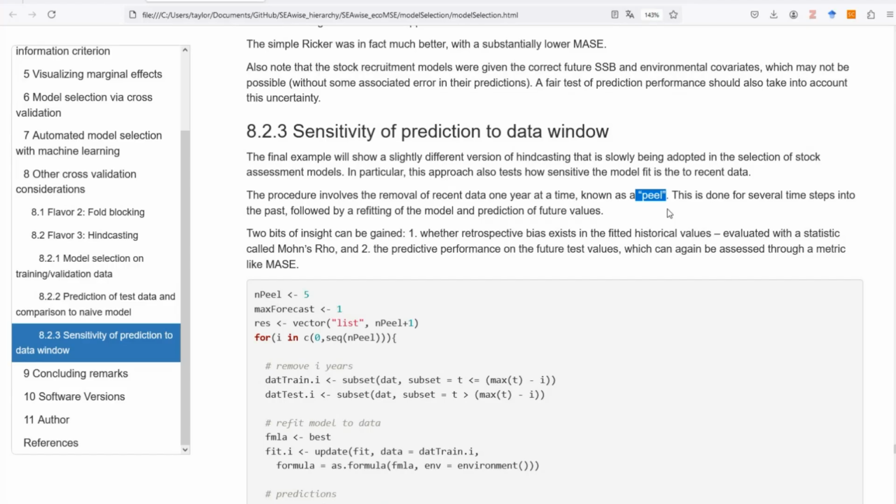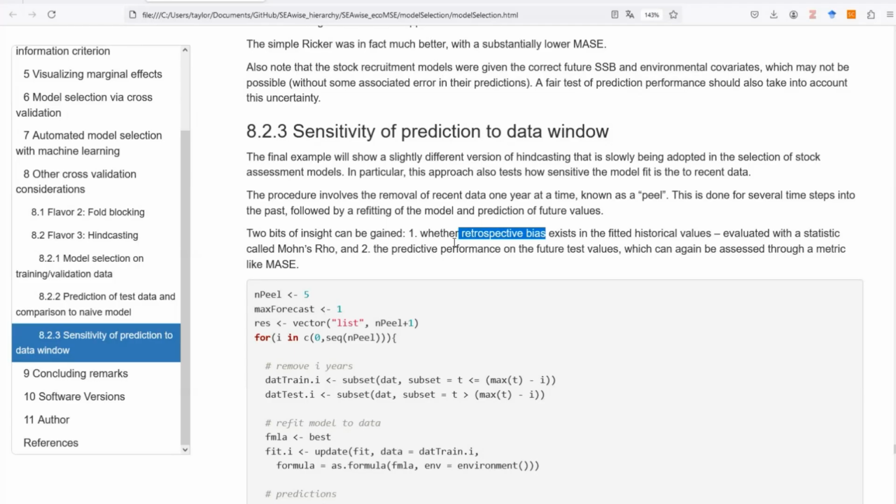And that's called a retrospective analysis. If the model is always shifting in one direction, that's a sign that those recent data are sort of biasing your perspective of the model. And that's been typically done for a lot of stock assessment models. They'll do these peels, fit it to one less data year, and run it again, and see how the predicted models lie on top of each other.